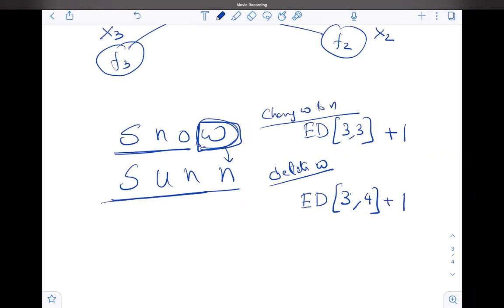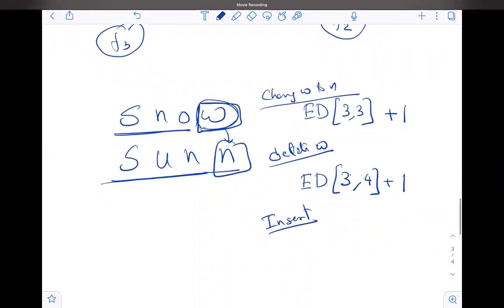And then I also have to pay the extra cost of deleting. And the other one is that I insert N. If I insert N, then I have to change SNOW to SUN, so it is ED(4,3).